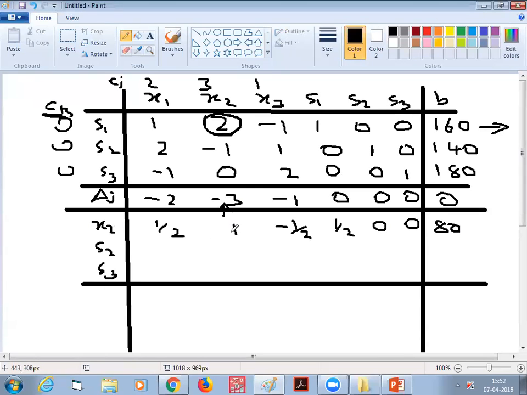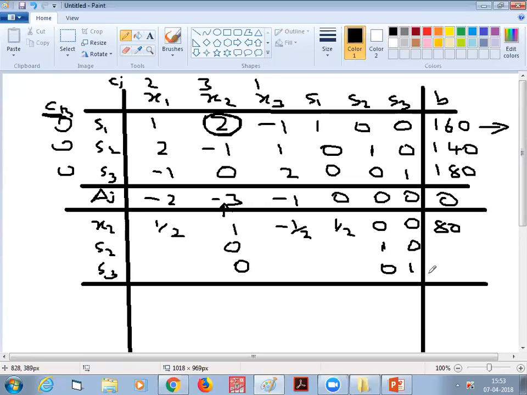So the first column comes here, 1, 0, 0. Second column comes here, 0, 1, 0. And third column comes in S3, 0, 0, 1. So that will automatically come. It's getting a bit squashed towards this side, but it's identity, so not a problem. The other numbers are more important.